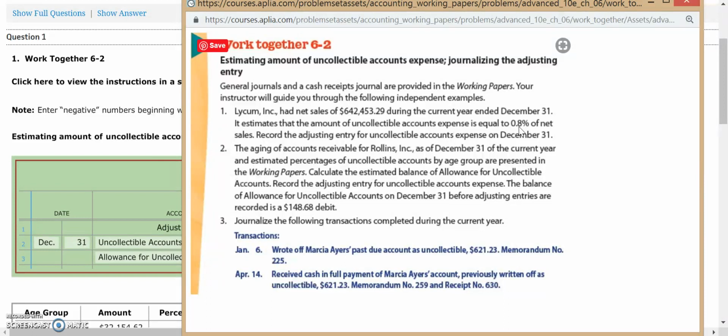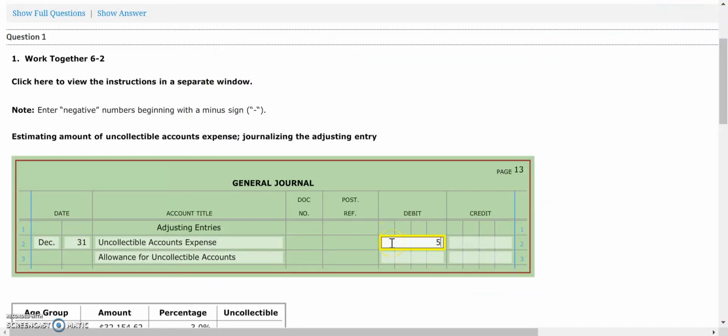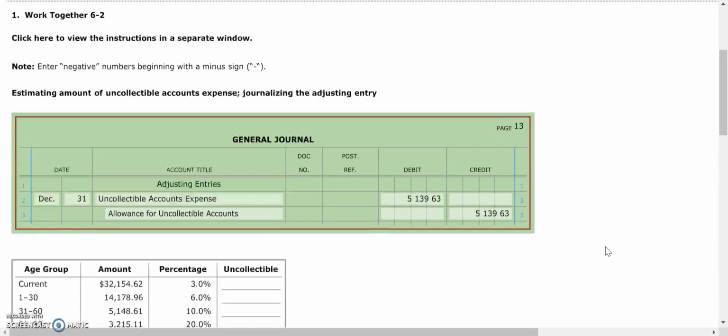When you do that calculation, net sales times 0.008, what you end up with is $5,139.63. And that is the amount of our adjustment when we do the estimate of net sales method, which is what we just did. So that's one way to journalize our adjusting entry. That's part 1 right there.